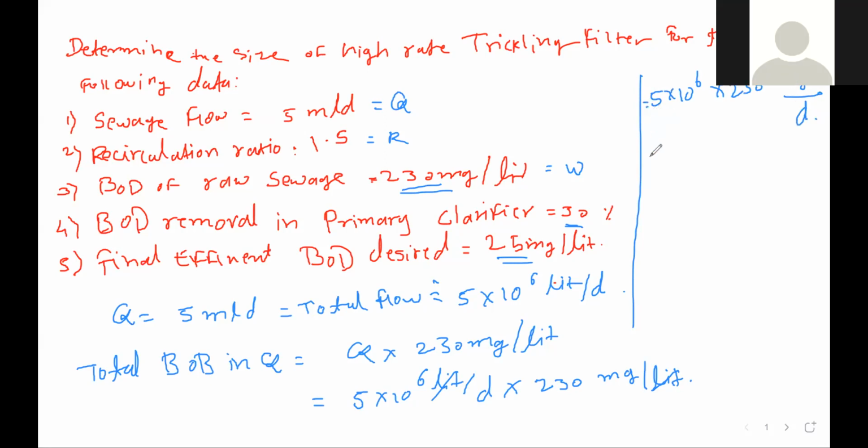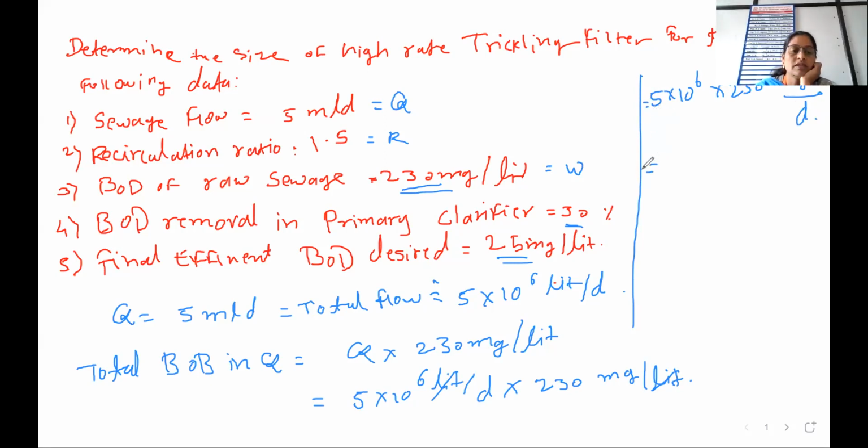So let me know the answer. This is the total BOD applied; we are calculating the value of total BOD applied. It is given in milligram per liter, so this answer will be in milligram per day.